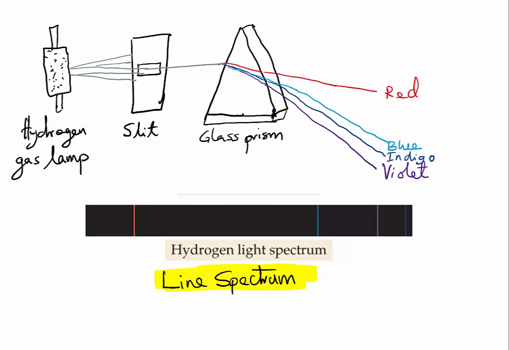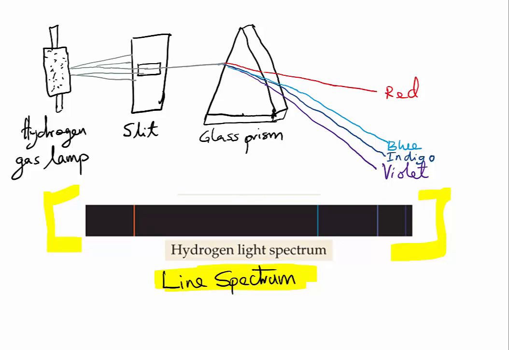You will not get a continuum of colors. Rather, you will get 4 distinct colors as shown here. This is the line spectrum for hydrogen gas.